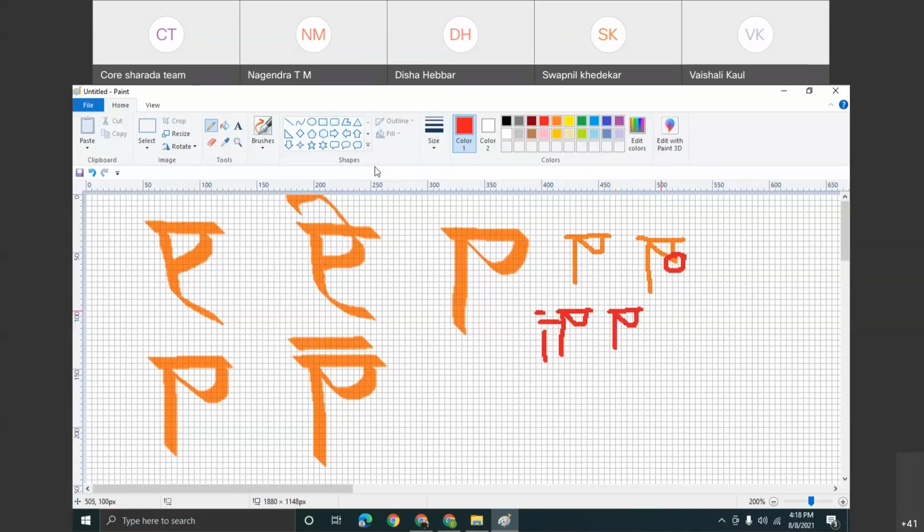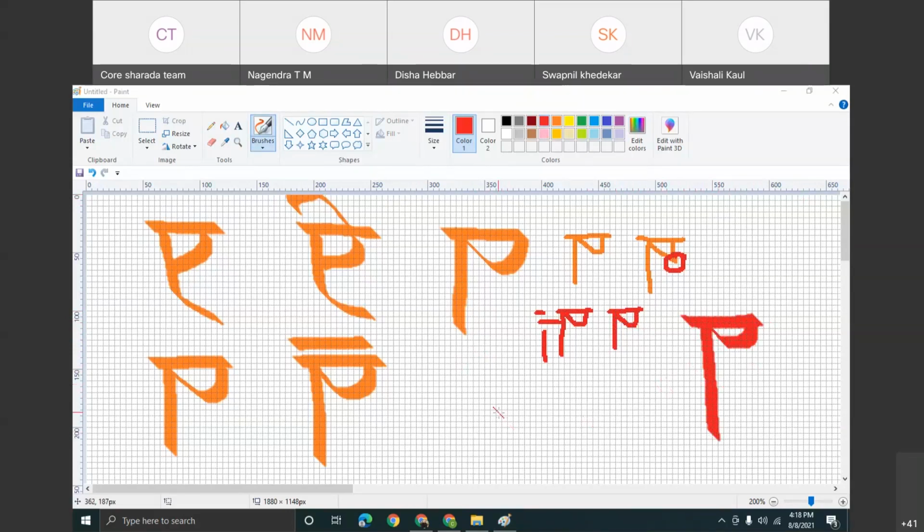Otherwise, it will not look good. What I'm trying to say is, you can even draw like this, but it will not look good, right? So I think students can understand that. This is not looking so good, right?